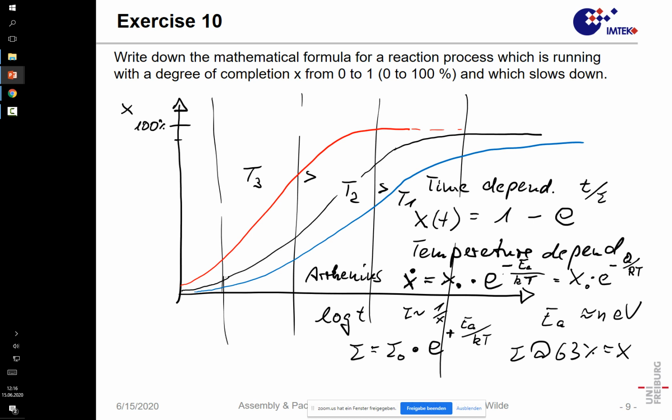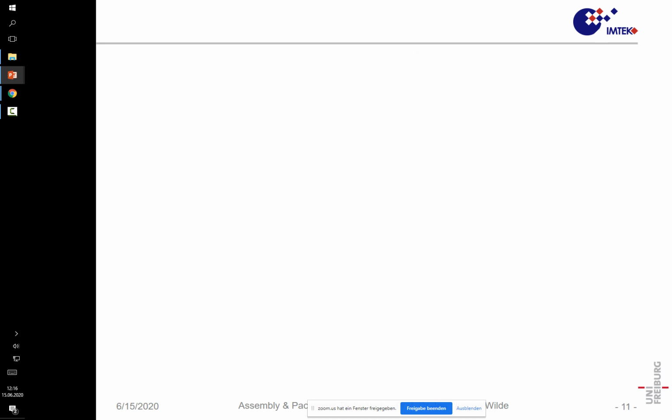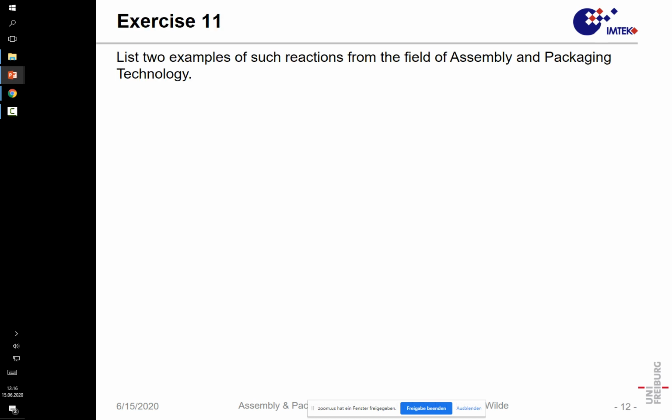Okay. Exercise 11. List 2 examples of such reactions in the field of assembly and packaging. Generally, one example is the hardening of resins.